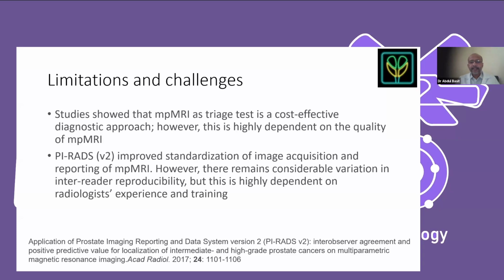And the reporting has been made because this practice is mostly in North America, and some European countries are using PI-RADS, and this system, of course, needs further testing to make it a more standardized tool.